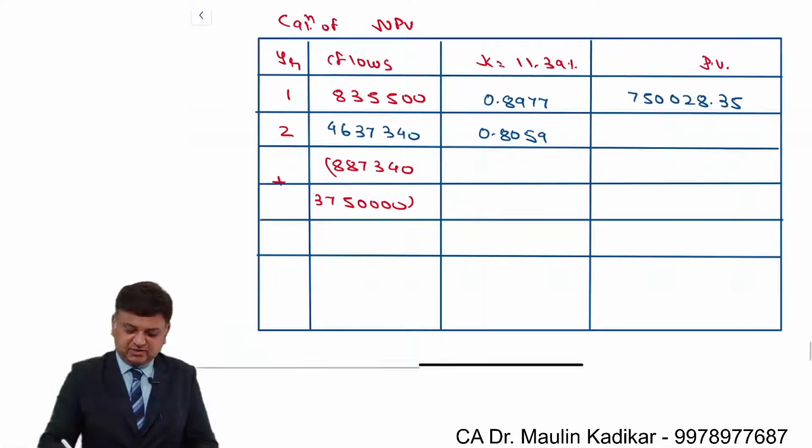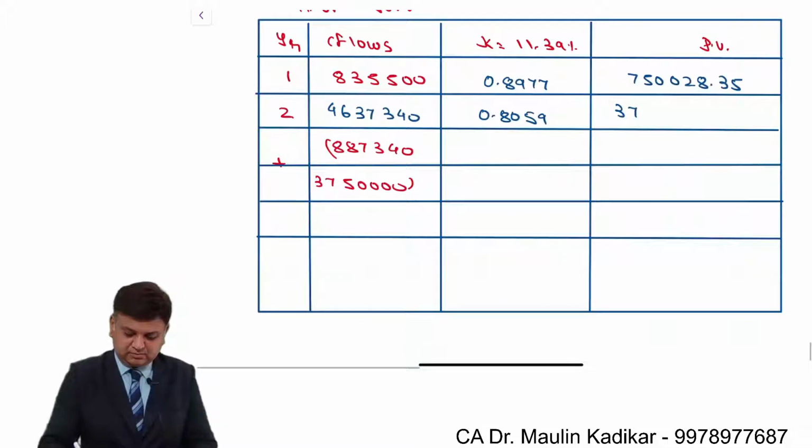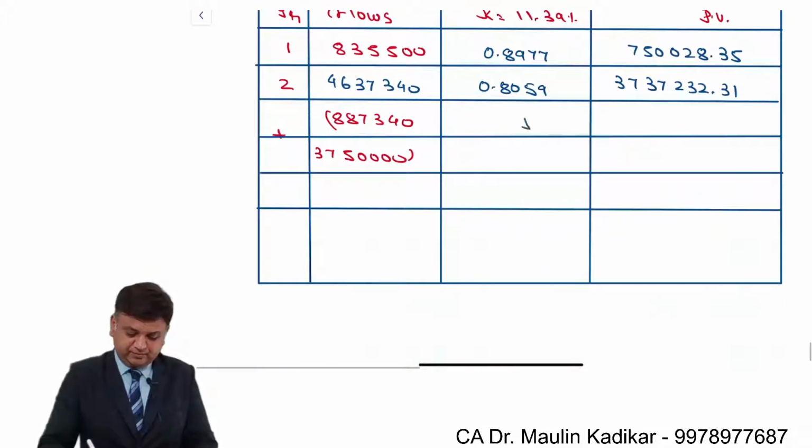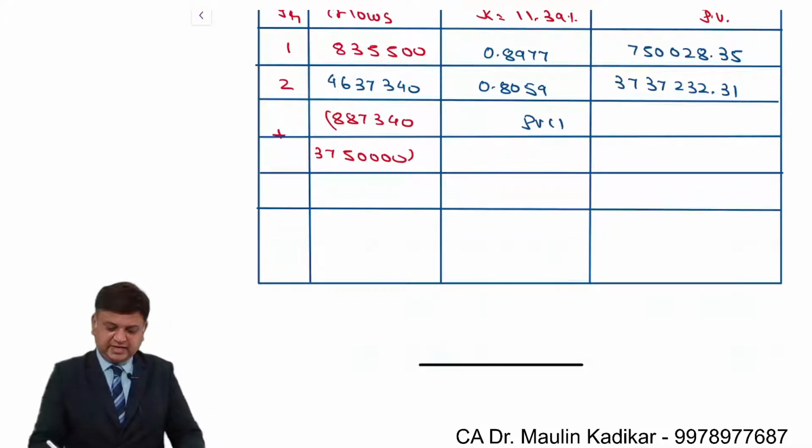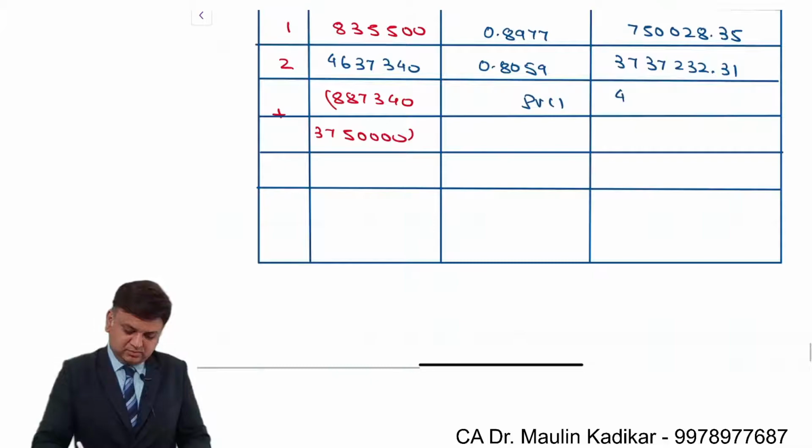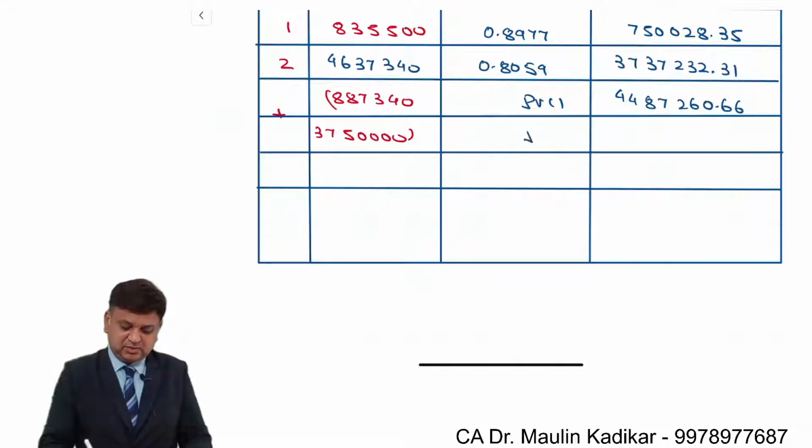So 37,37,232.31. So present value of the cash inflow 44,87,260.66.